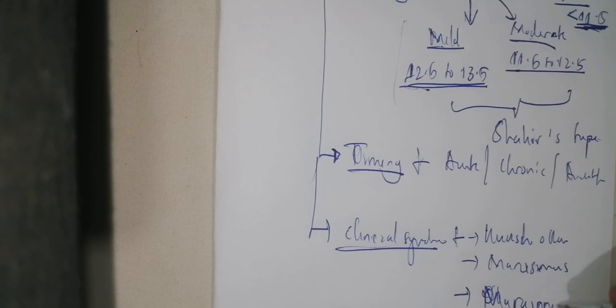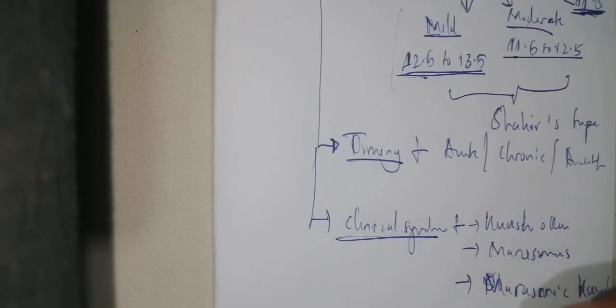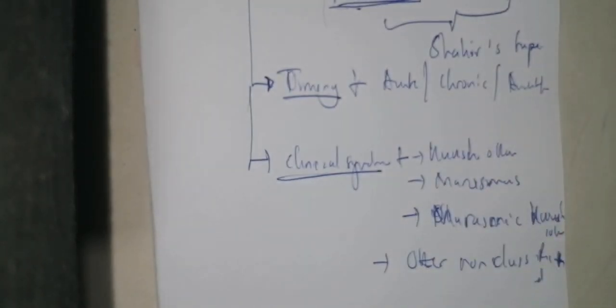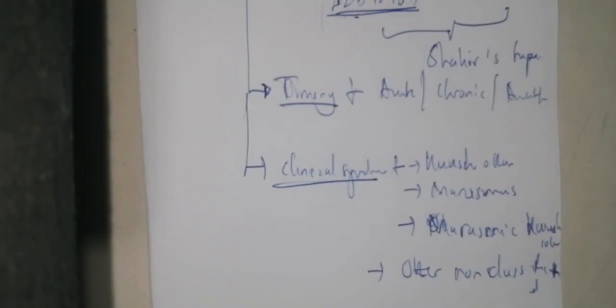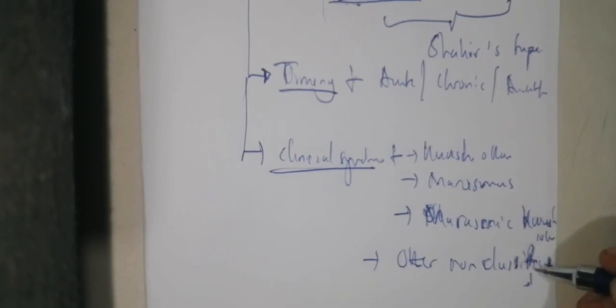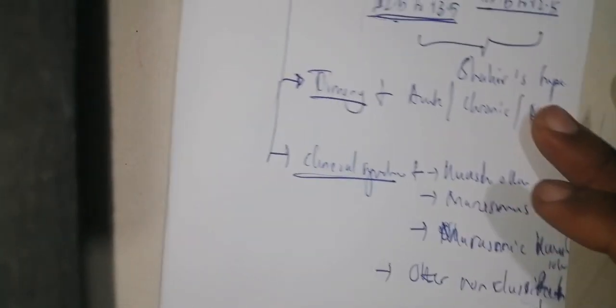And the last one is other non-classified syndromes. The patient is just coming with malnutrition, but he doesn't have a typical syndrome of kwashiorkor nor a typical syndrome of marasmus. So you have other non-classified syndromes. Those are the clinical syndromes that you speak about.